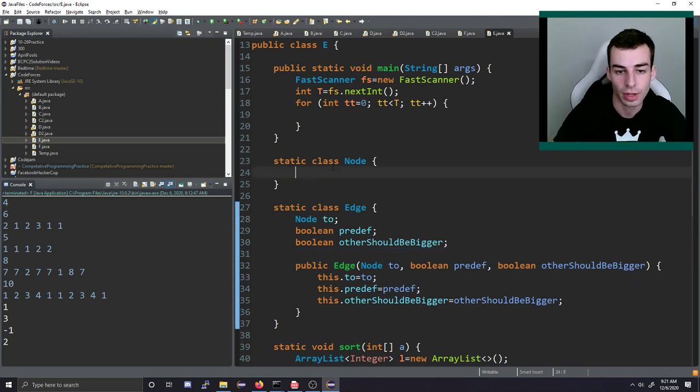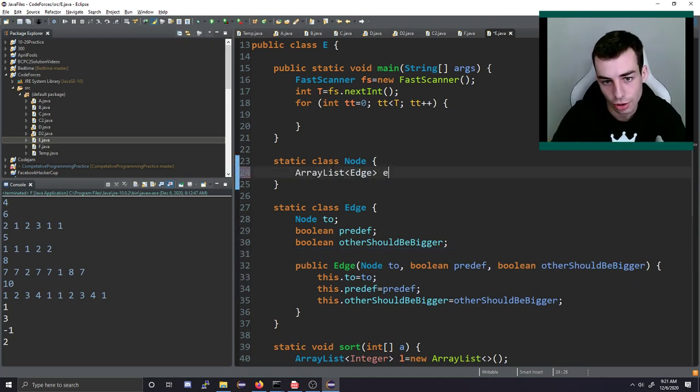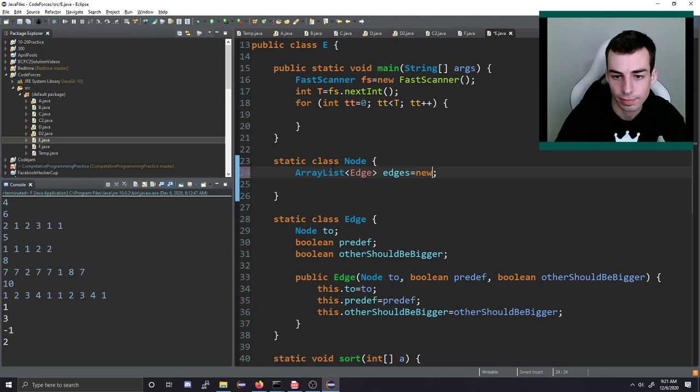So then this will have an array list edge of edges, and probably an ID.